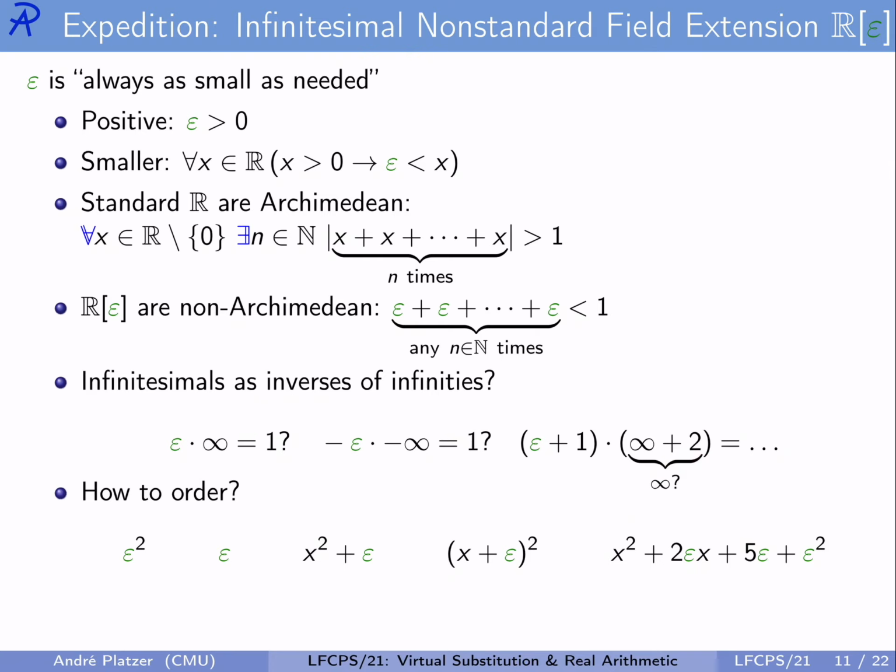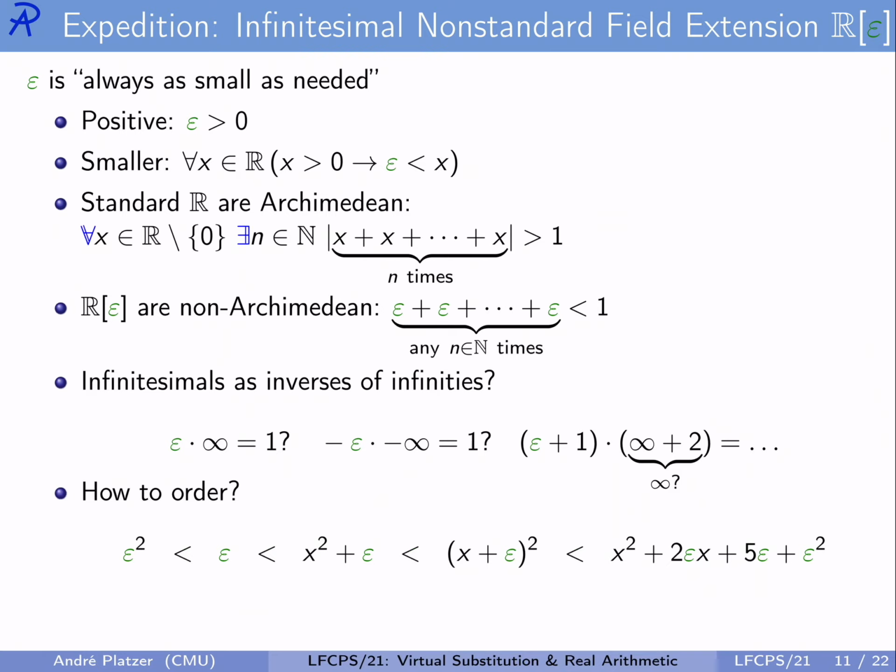Also, if you have all these expressions, how do you order them? For example, if you have epsilon squared compared to epsilon, compared to x squared plus epsilon, compared to x plus epsilon squared, compared to x squared plus 2 epsilon x plus 5 epsilon plus epsilon squared, then, well, in fact, they're all ordered in this relationship, right? But it's already difficult to figure all of these out.